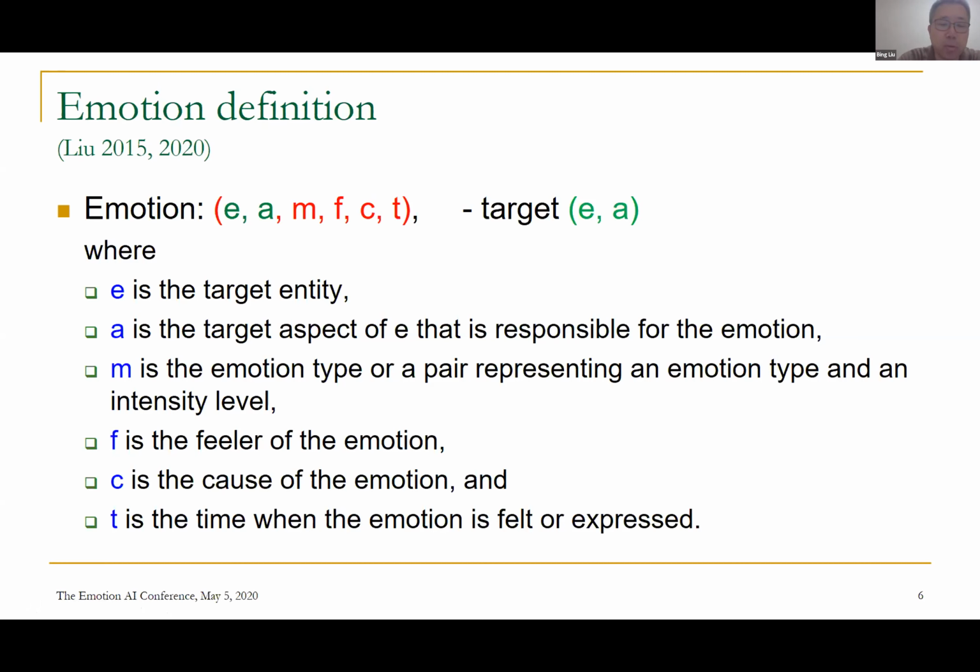Then of course you have the emotion type, whether you're angry, happy, disgusted, surprised, or fearful, or whatever. And then you also have a feeler, the person who feels that emotion. Sometimes when you say a particular sentence, you may say somebody else feels that emotion, not necessarily you.